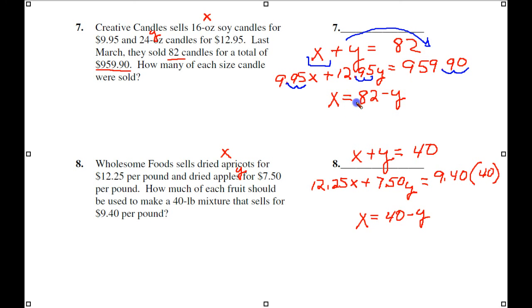So I'm now going to put this where the X is, and then grind it out. And for number 7, again, the answers are in the back of the book. There's going to be 34, that's what X equals, and Y equals 48.